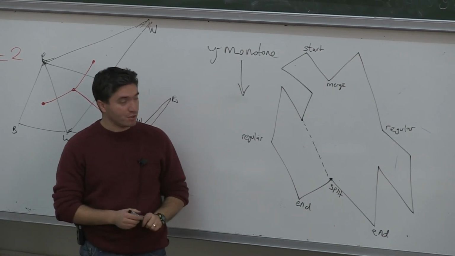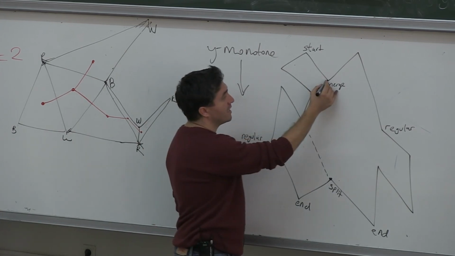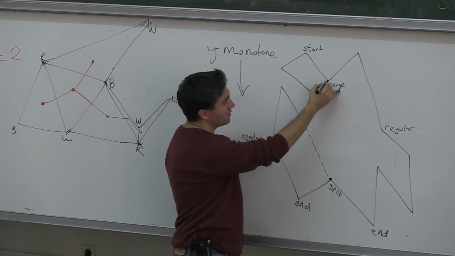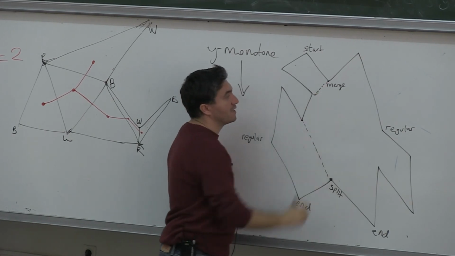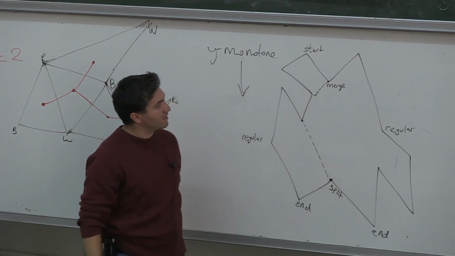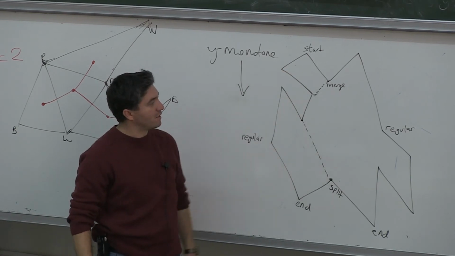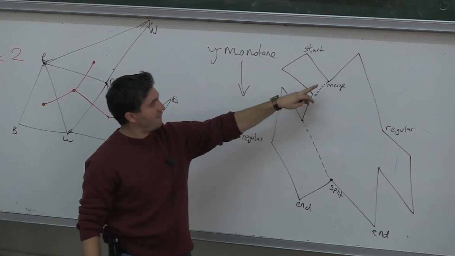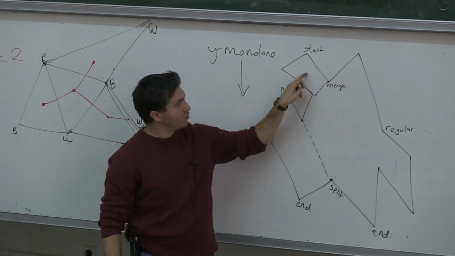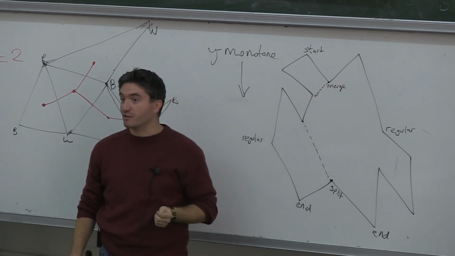And the same for merge vertices. For a merge vertex, if we can find a diagonal below it, and we connect this merge vertex with this diagonal and split the polygon into different pieces, we get rid of this merge vertex in both of these polygons and it becomes a regular vertex.